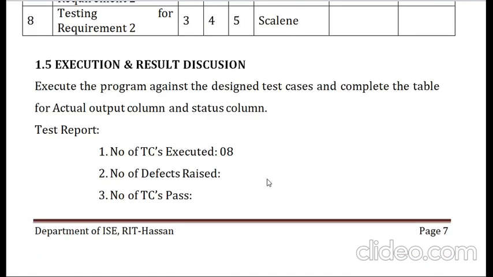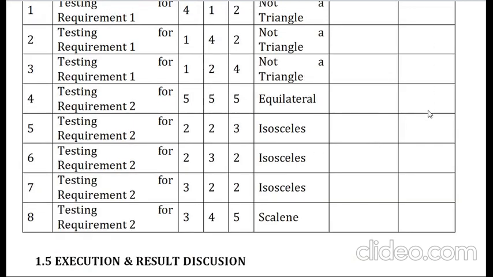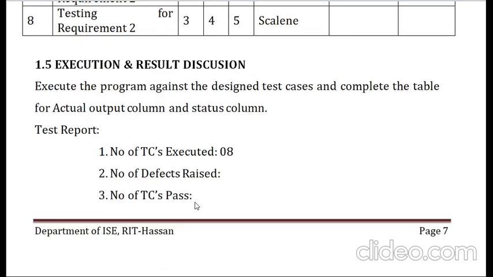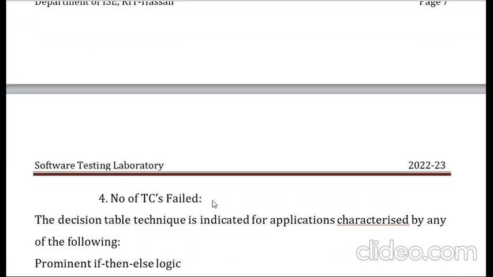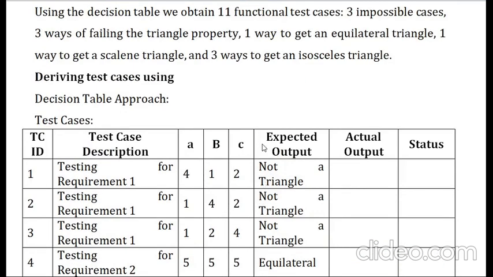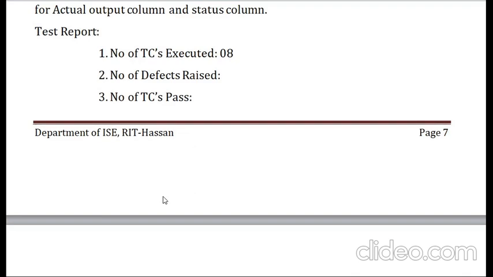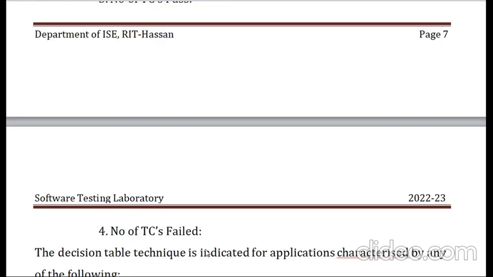Number of test cases passed, if we pass all the 8 cases, the answer is 8. And one more thing, number of test cases failed: if the expected output and actual output are different, the status is failed, and we enter it in the test report.